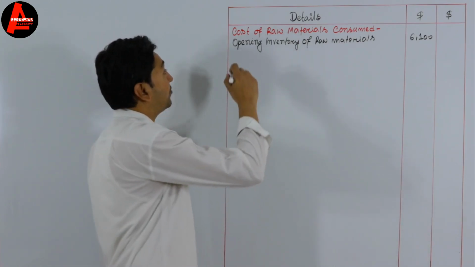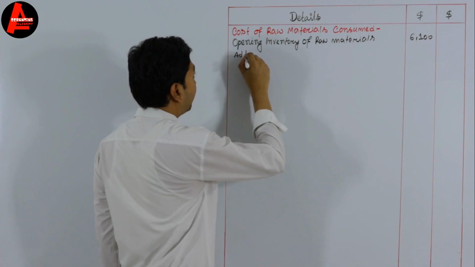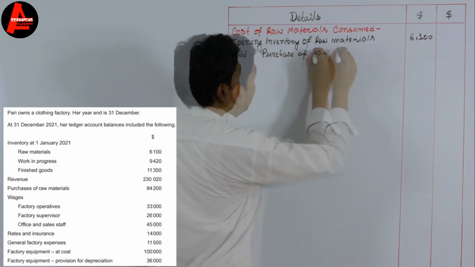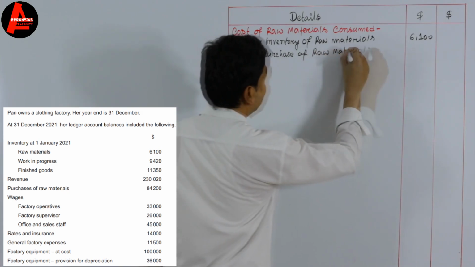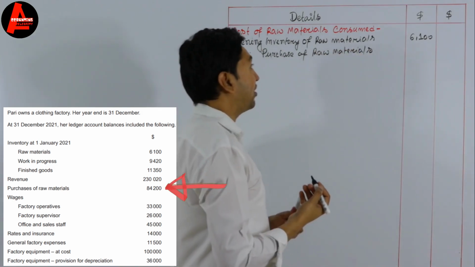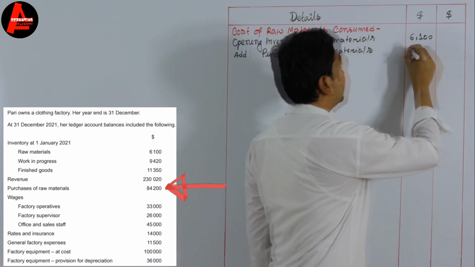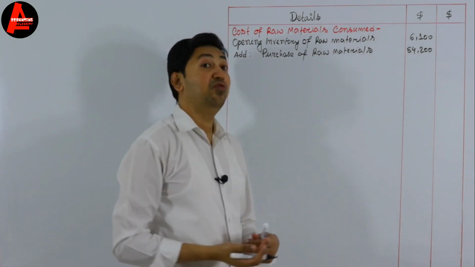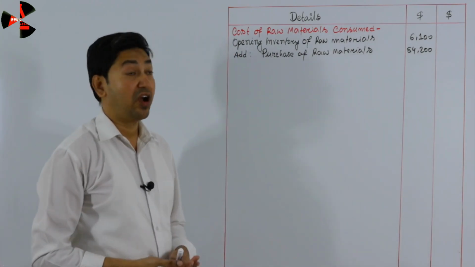So let us write here add or plus, whatever you like, purchase of raw materials. What we have on the question? $84,200.